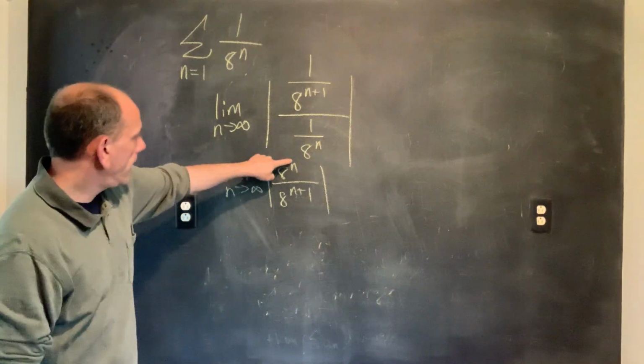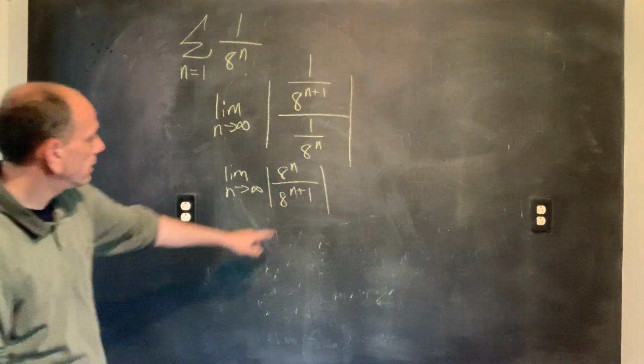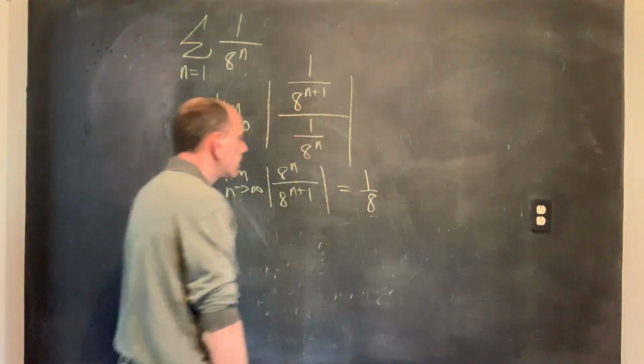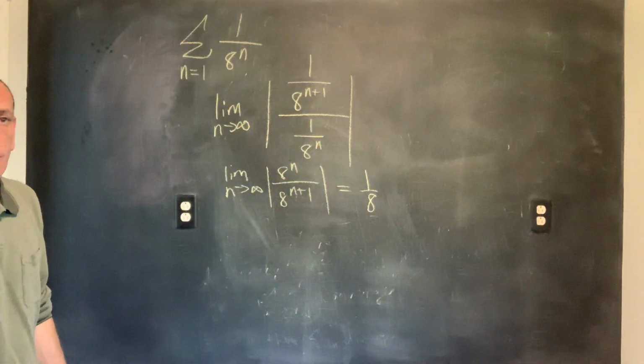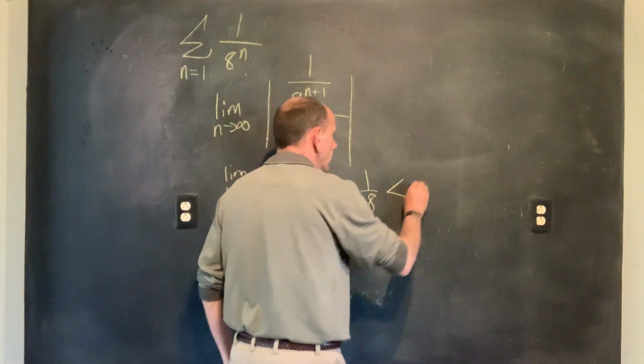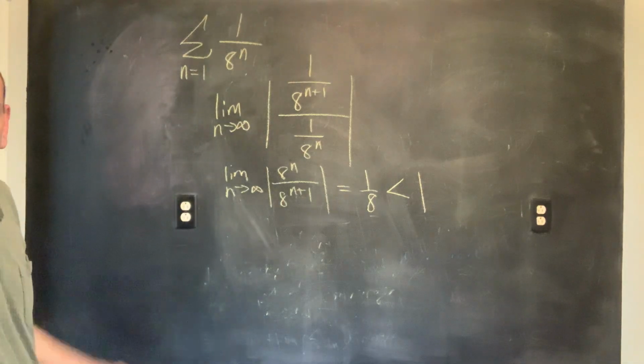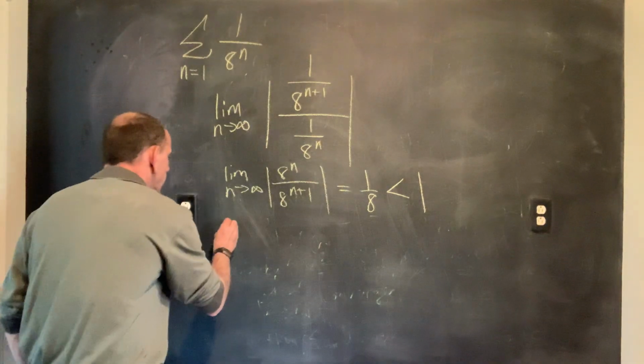Well, 8 to the n over 8 to the n is just 1. So I have a 1 over 8. 1 over 8 is less than 1. That implies that the series converges by the ratio test.